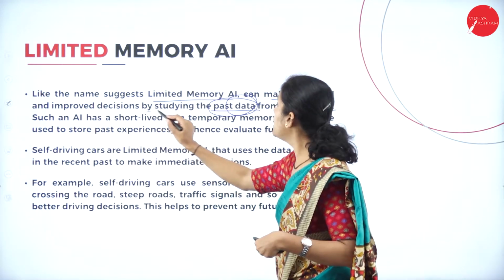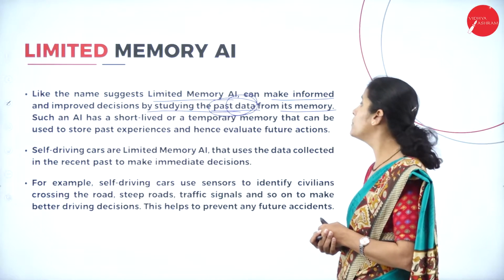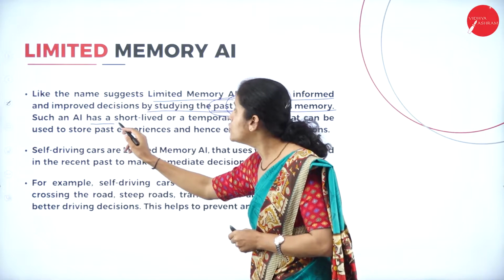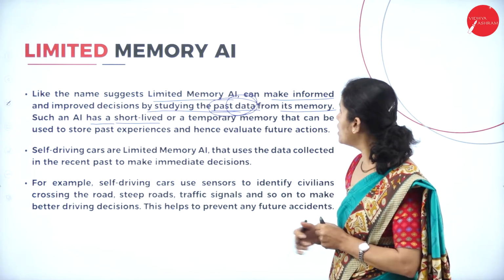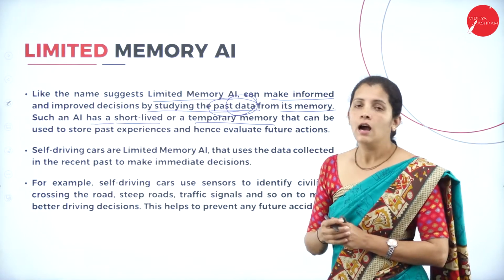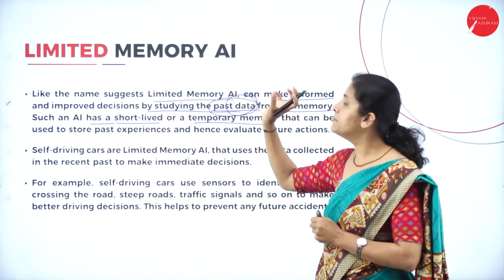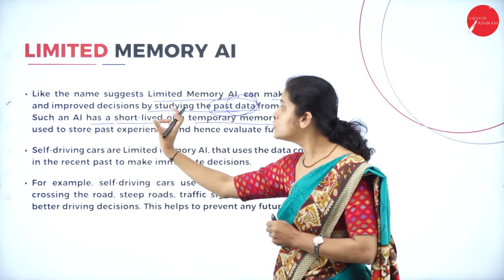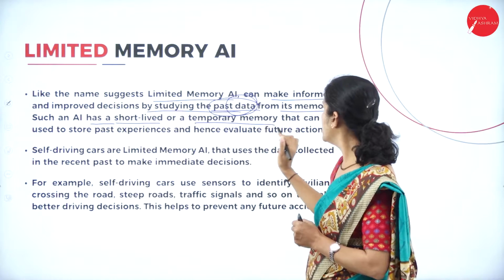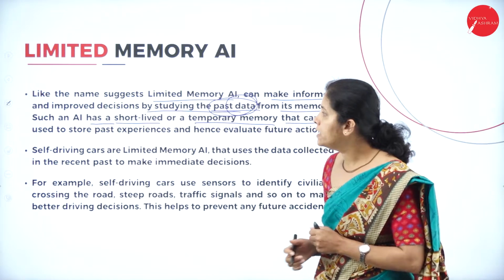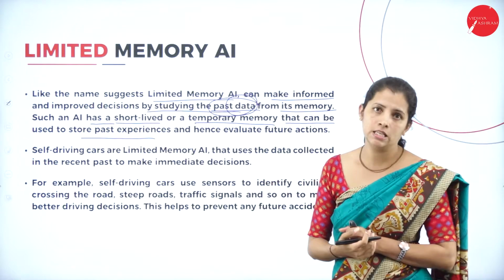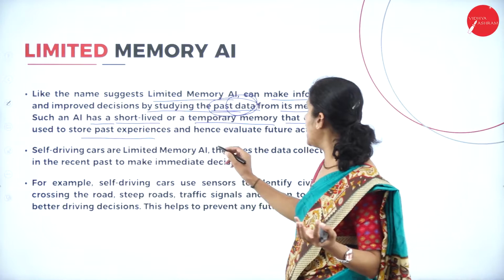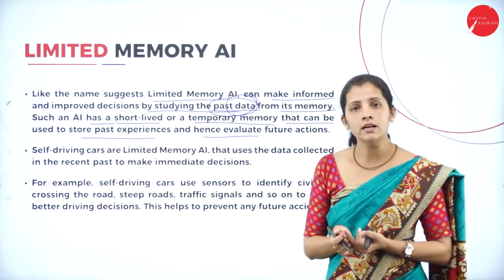So, by studying the past data from its memory, such AI has short-lived or temporary memory. Limited memory is called temporary memory or short-lived memory, and it can be used to store past experience or past data and evaluate future action.